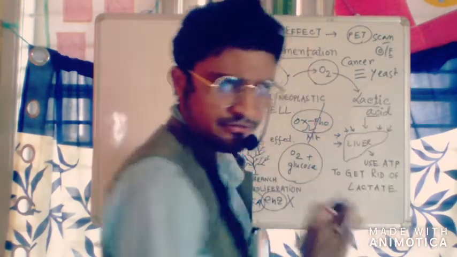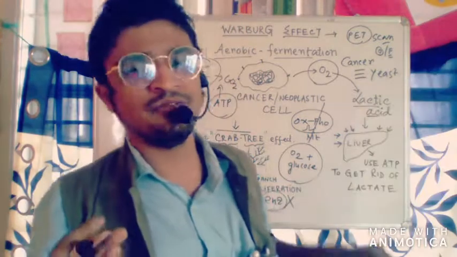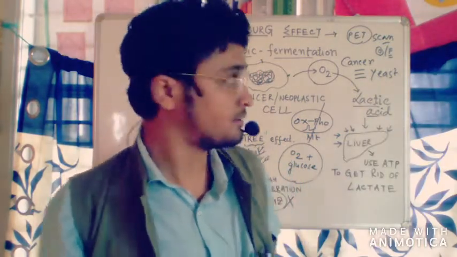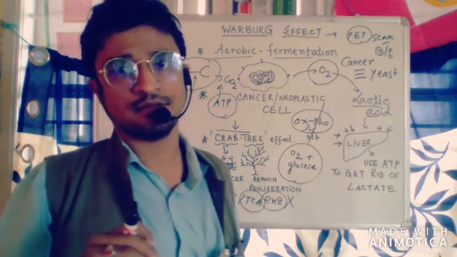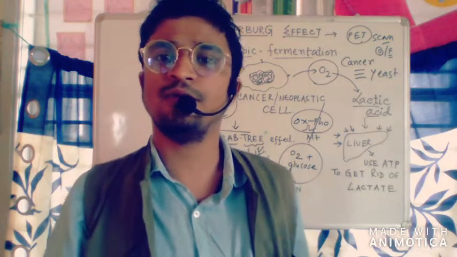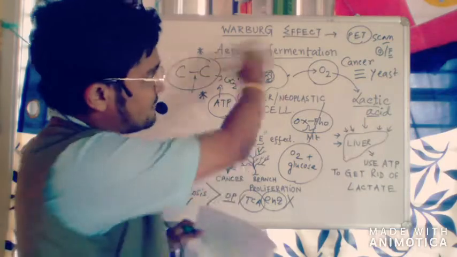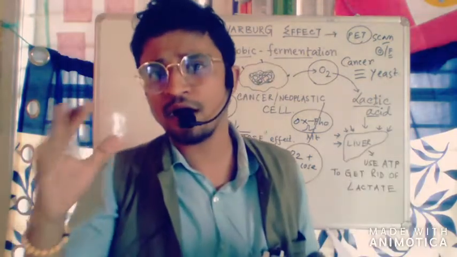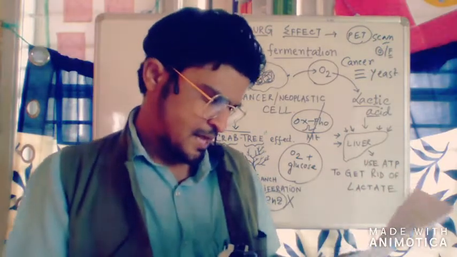We will discuss that in a different video. So you use radioactive fluorine, which emits a positron, the antimatter. In the cancer cell the glucose uptake goes very high, so that is why you can use this effect as a test. So these two effects are the hallmark of the cancer cell.